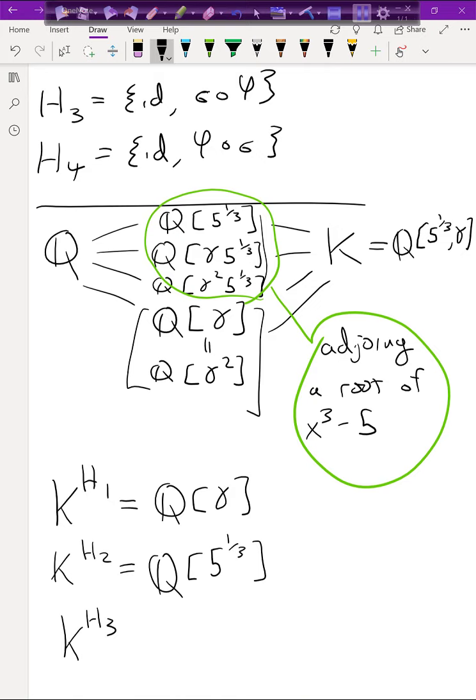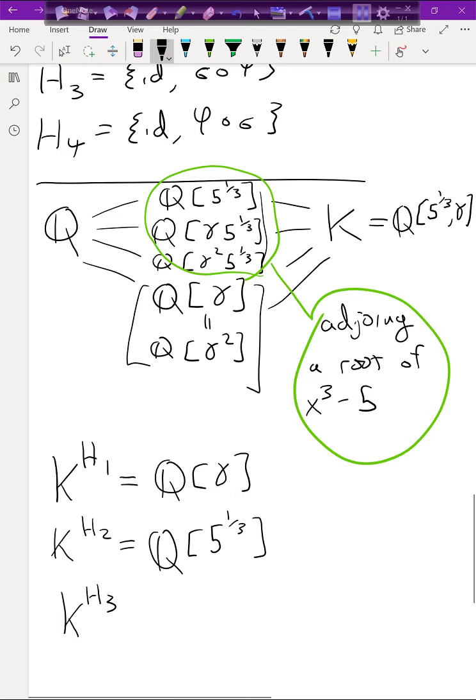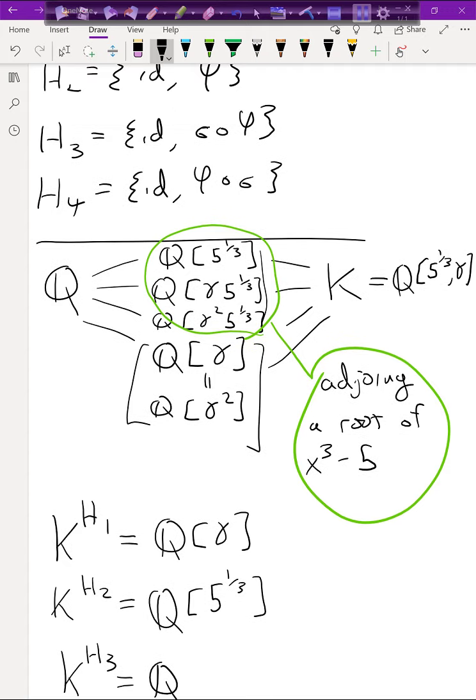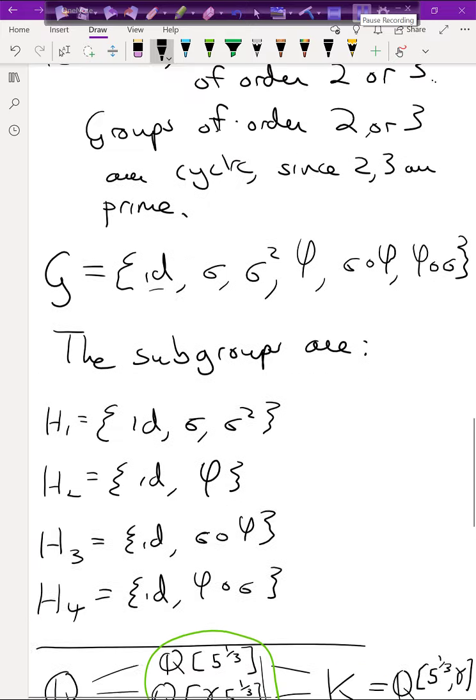Now, what about KH3? Well, now we have to figure out what is fixed by sigma composed with phi. Okay, so let's go back and look at our sigma composed with phi.